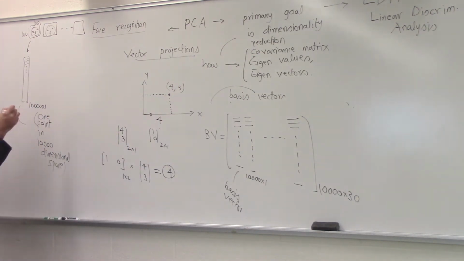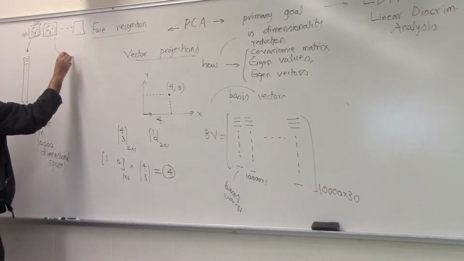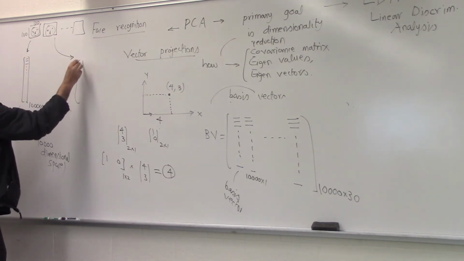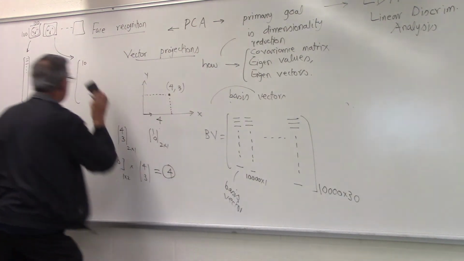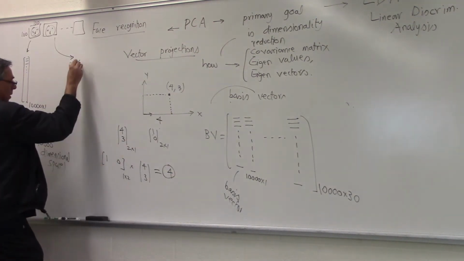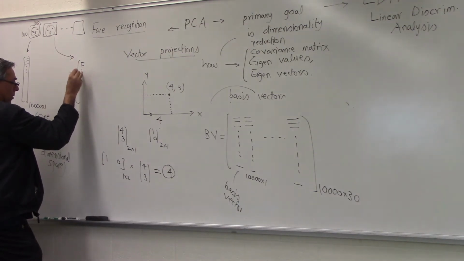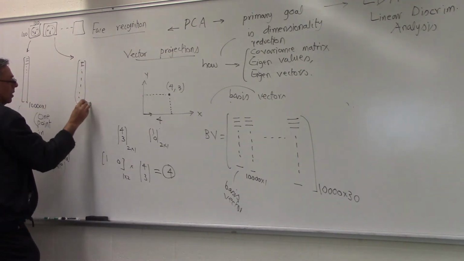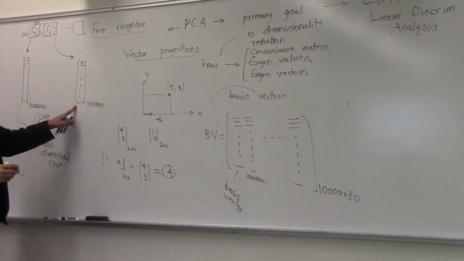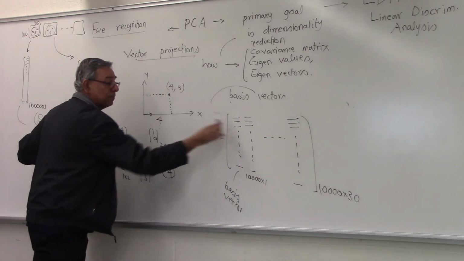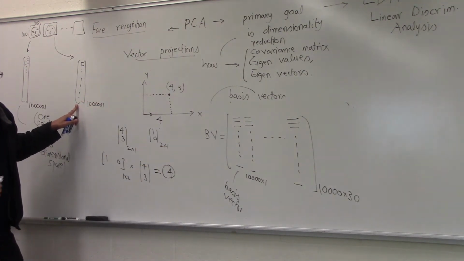So what if I picked one of these images, which will be basically 10,000 by 1? If I projected it on one of these vectors, what will be my answer?